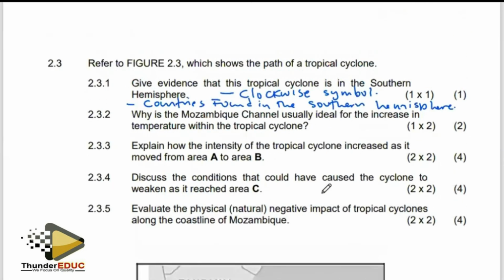About the date, which shows some in the southern hemisphere, because April is still not yet winter. We're still experiencing high temperatures.